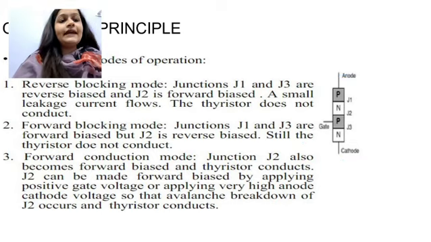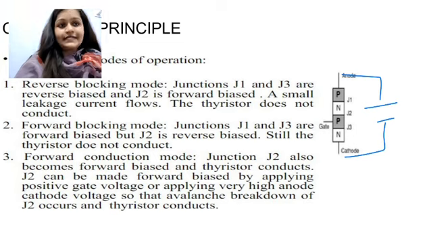Next, if we apply forward biasing, we connect P to the positive side and N to the negative side. By applying this, junction J1 will be forward biased, junction J3 will also be forward biased, and junction J2 will be reverse biased. So the reverse bias is like a hurdle here. We can increase the voltage, but still there is a hurdle.